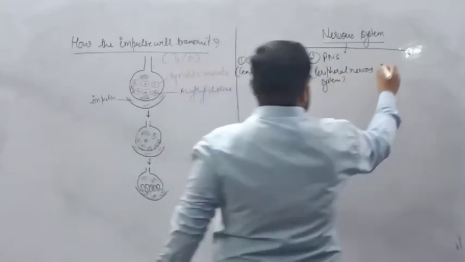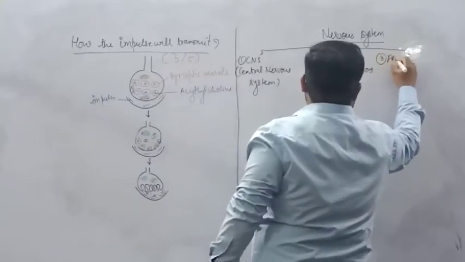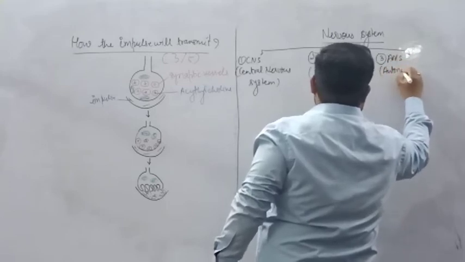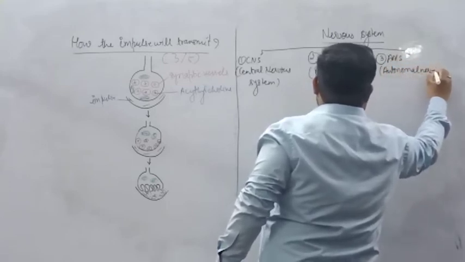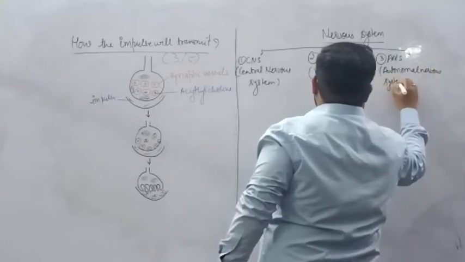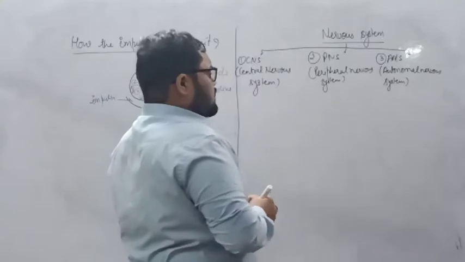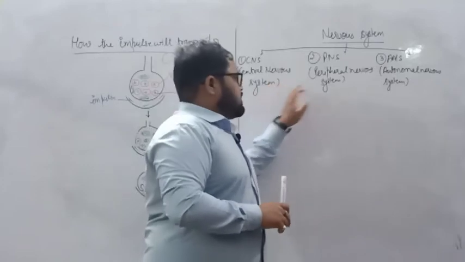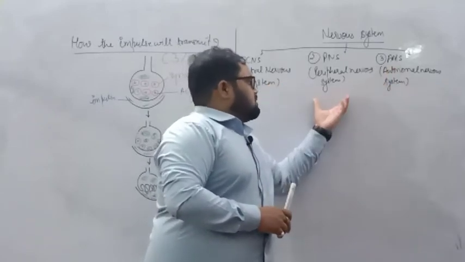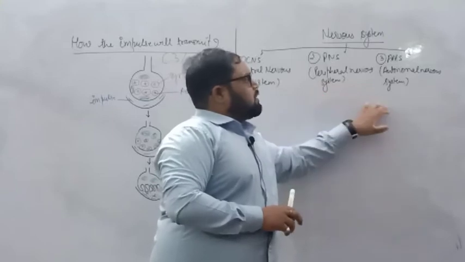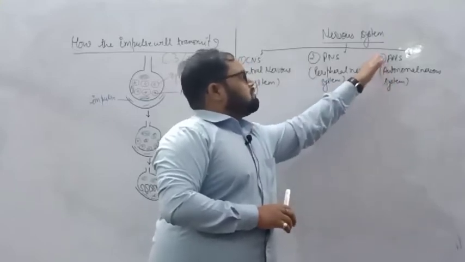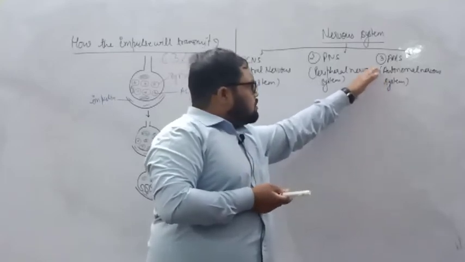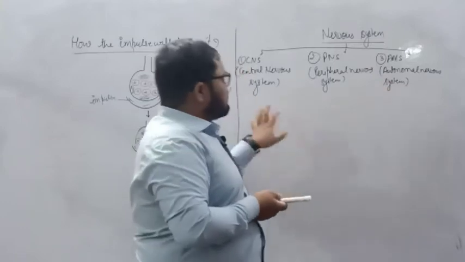And the third one is ANS, that is autonomic nervous system. In some books there are only 2, CNS and PNS, because ANS comes under PNS, but here we will divide into 3, because separate questions come from ANS many times.